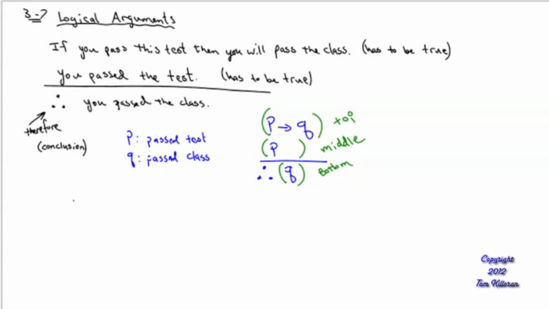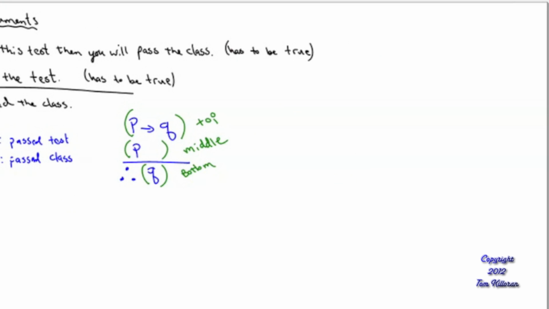The argument reads top and middle, then the bottom. Top and middle, then the arrow, the bottom.